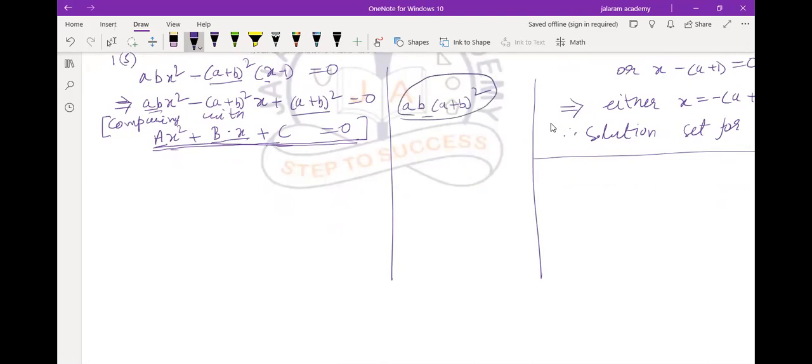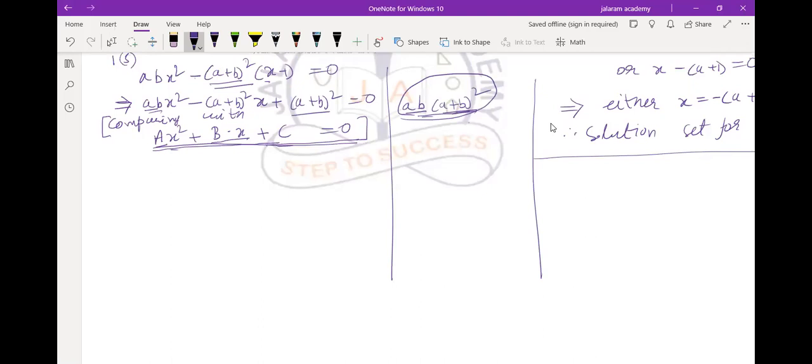Understood? We have to find the factors of ab into a plus b whole square such that the sum of the factors must be a plus b whole square.